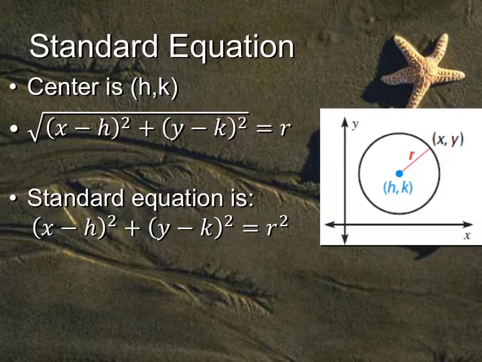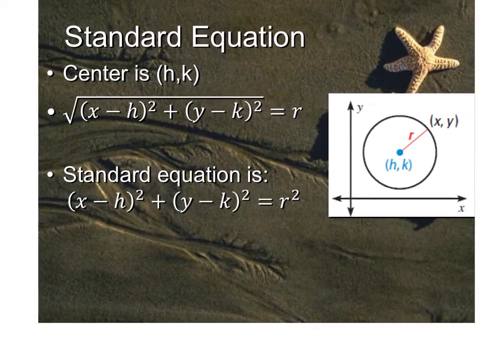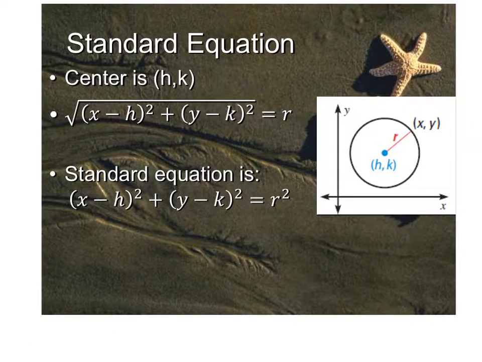Now we're going to look at the standard equation when the center is not 0, 0. It's going to be some ordered pair on the coordinate plane. Okay, the center is going to be represented by the letters h and k. So here, we're going to put it under the radical: x minus h, which is the x coordinate of our center, and then y minus k, which will be the y of our center, equals the radius.